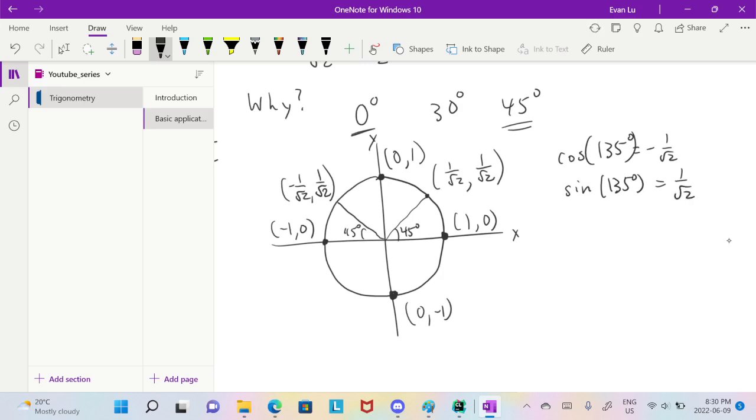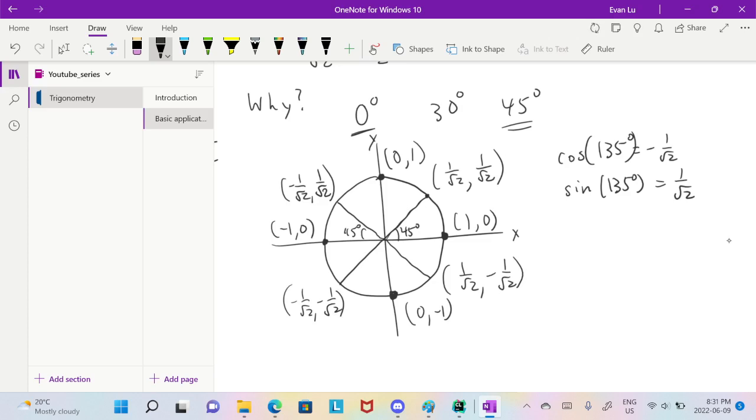Another thing we can do is take these 2 points and reflect them across the x-axis. If we reflect it across the x-axis, we'll get these 2 points, like so.